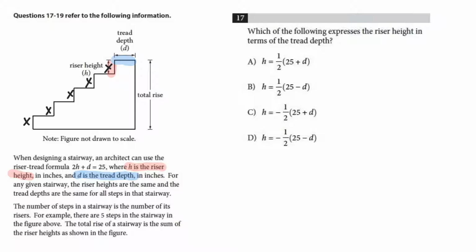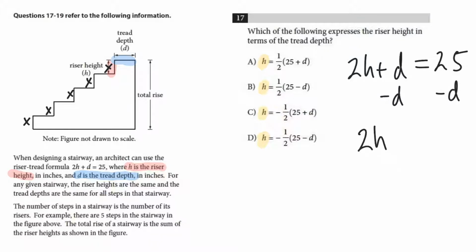Okay, well, we're going to use the equation that we're given. We were given 2h plus d equals 25. And we want to solve all of these. We are solving for h, the riser height. So all we're doing is solving an equation for h. That should be pretty straightforward. So we're going to subtract d from both sides.